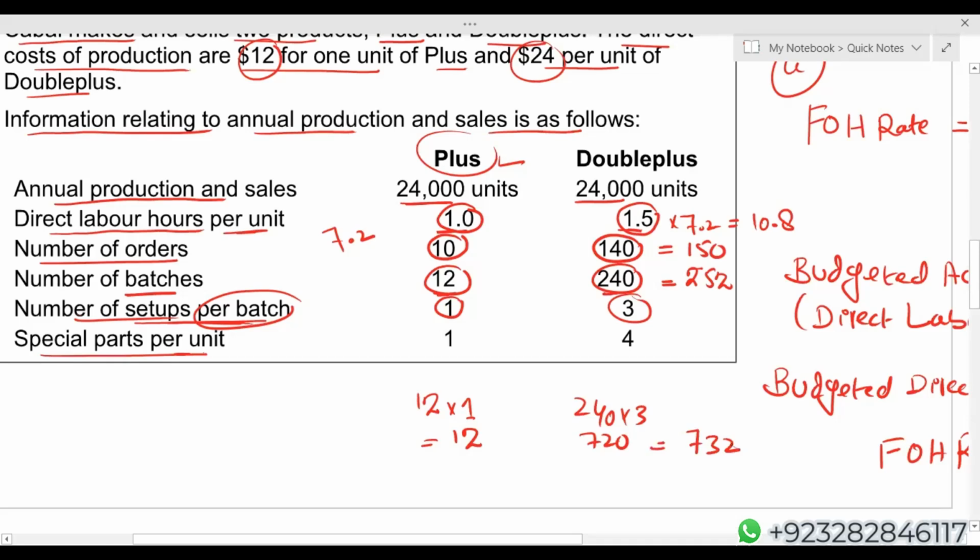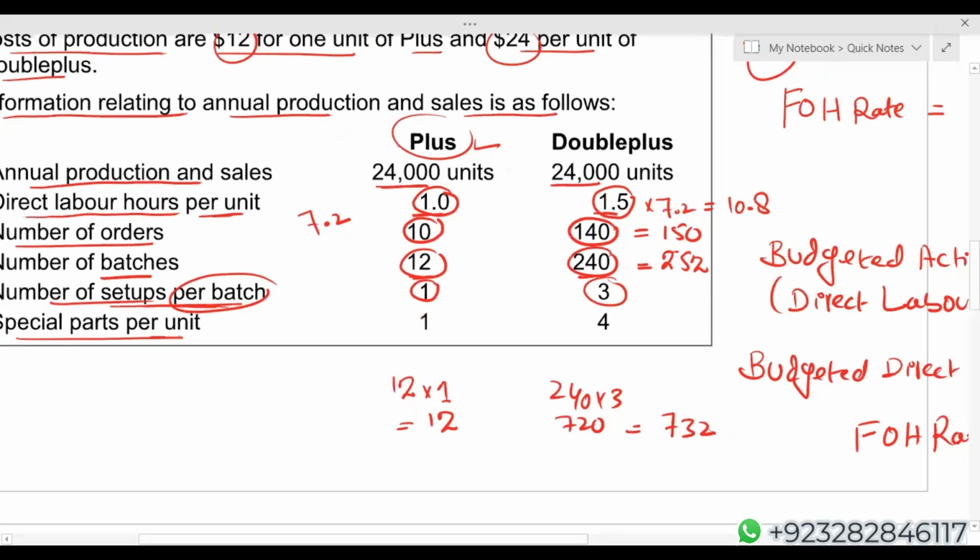Repeat: plus is having 12 batches and 1 setup per batch, so 12 multiplied by 1 gives the setups for plus. For double plus, the batches are 240 and each batch needs 3 setups, so 240 multiplied by 3 is 720. The total number of setups is 732.